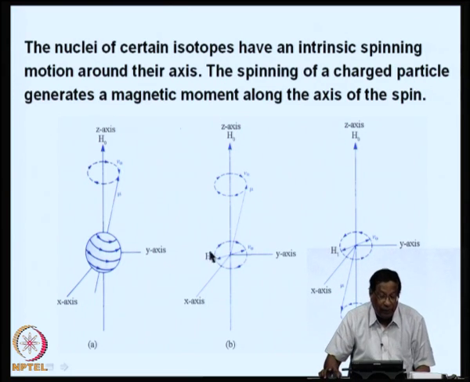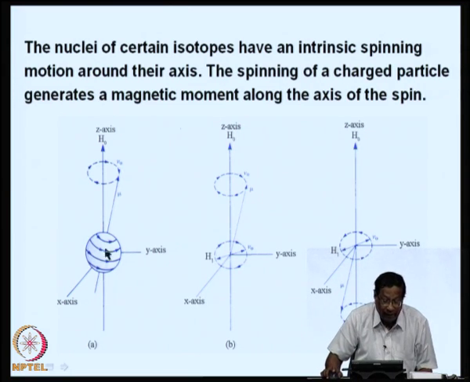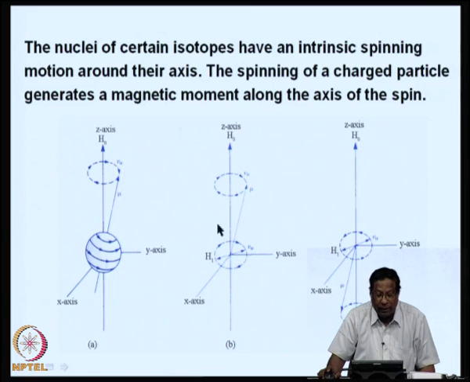For example, in this figure you can see that this is the nucleus, and this is the x axis, this is the z axis, and this is the y axis. So, a spinning nucleus generates a magnetic moment mu along the z axis, with a motion like this, and these two I will explain to you later.